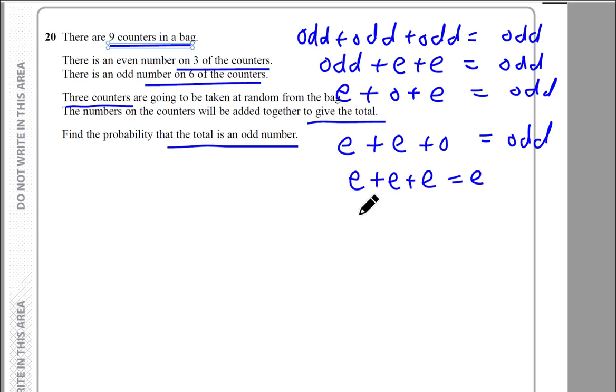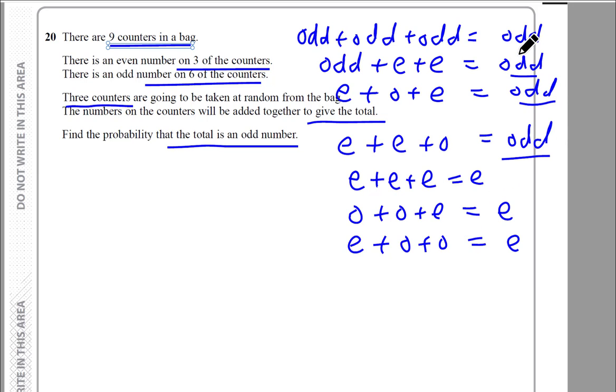Odd plus even is even, and even plus odd equals even. So there's 4 ways to make odd numbers.